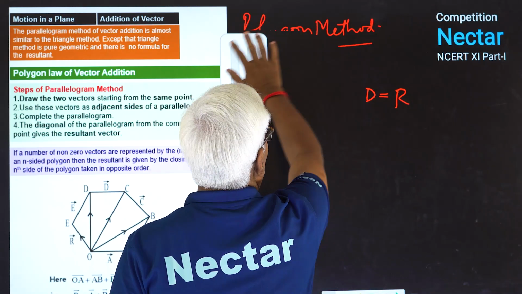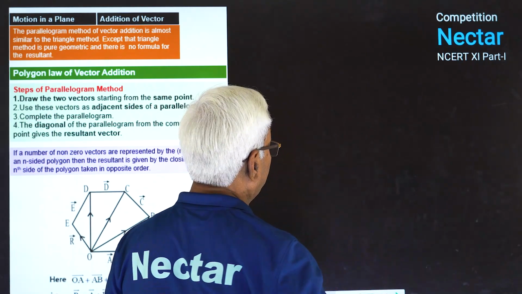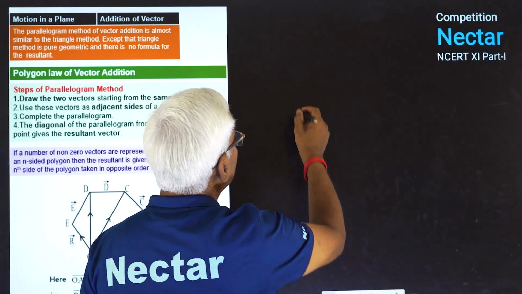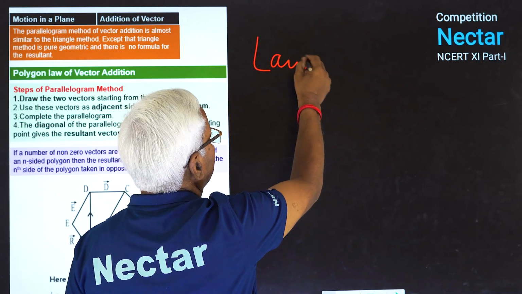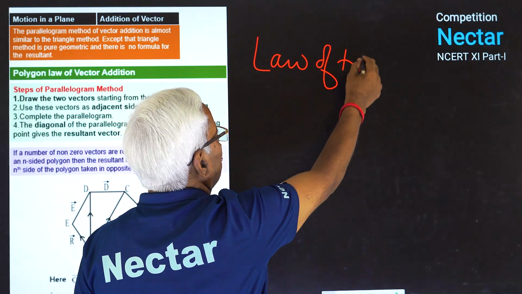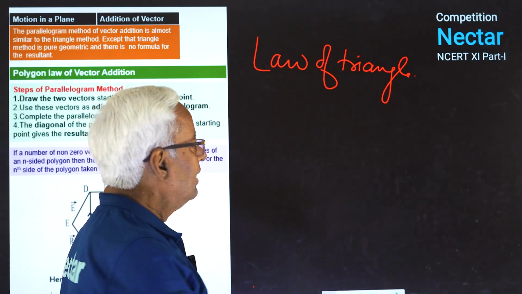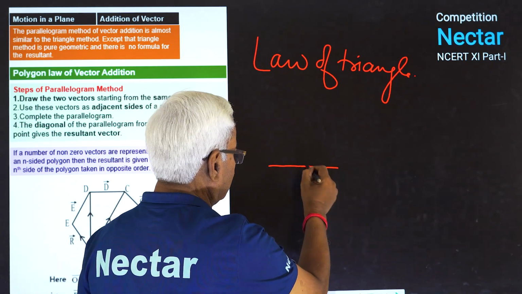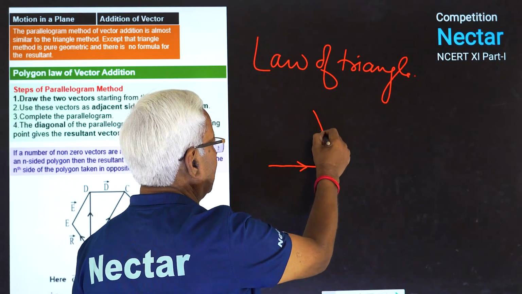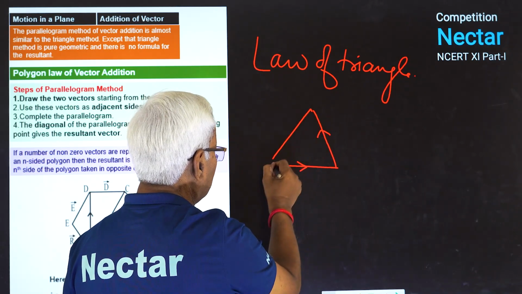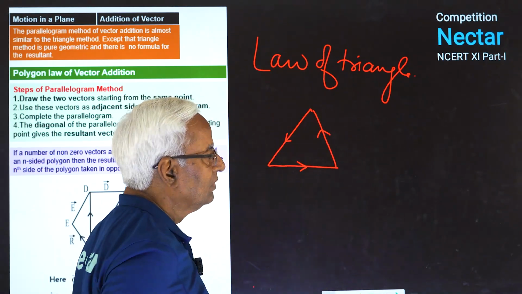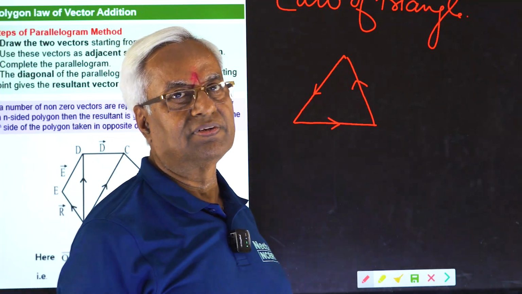There was one very important law that is known as the law of triangle. Suppose you have three vectors, and all three vectors can be represented by three sides of a triangle. Have I missed something? Yes.